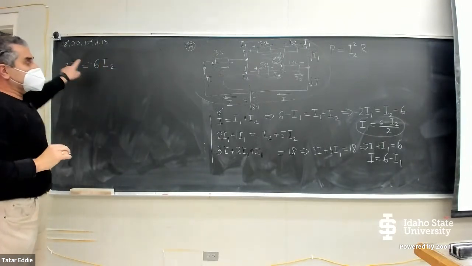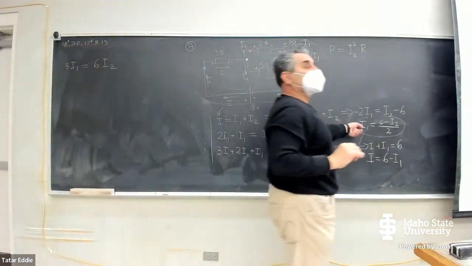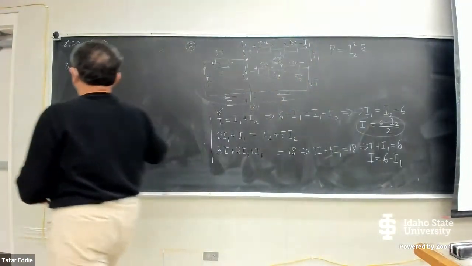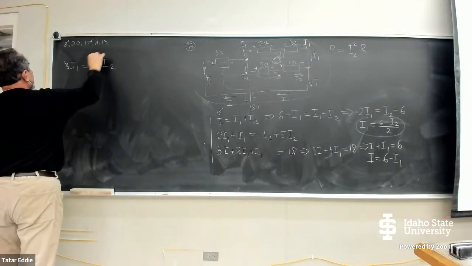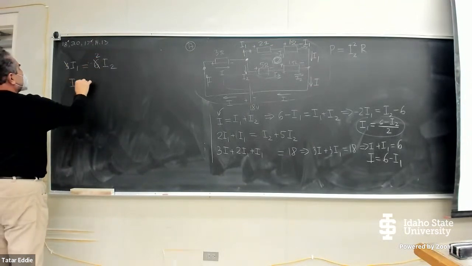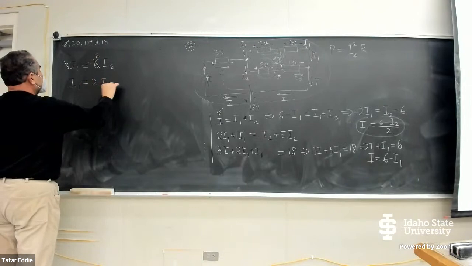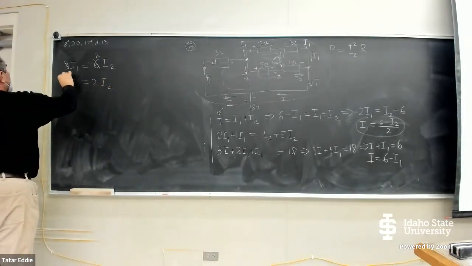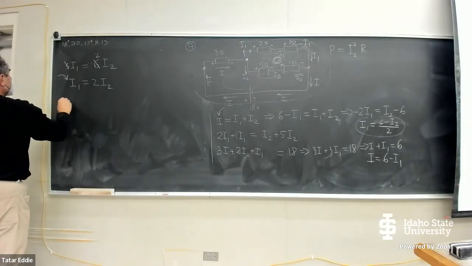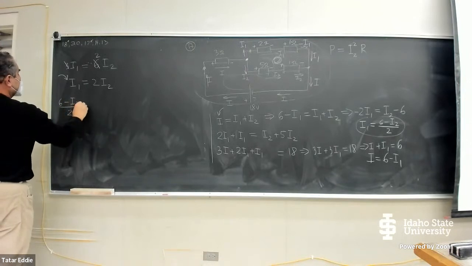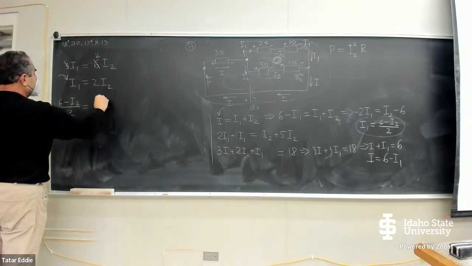Before substituting, let's cancel this 3. So you have I1 is equal to 2 times I2. Substitute I1 with its equal, and you're going to get 6 minus I2, all of this divided by 2, is equal to 2 times I2.